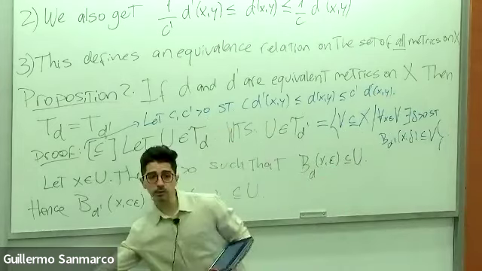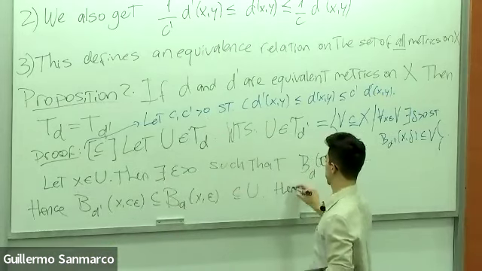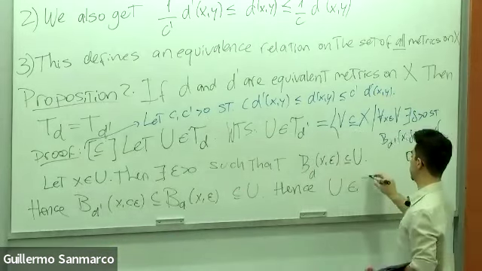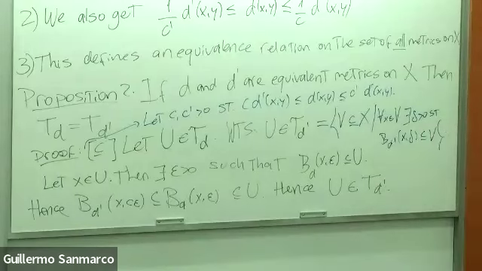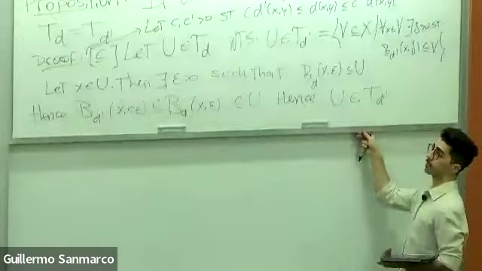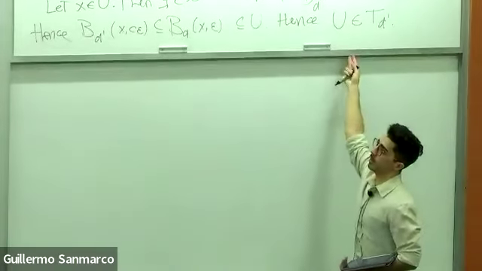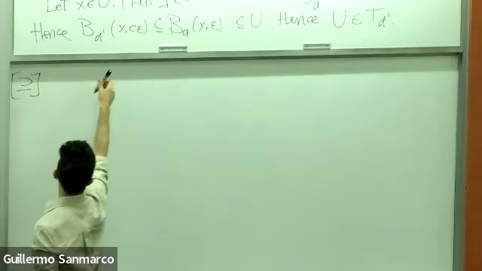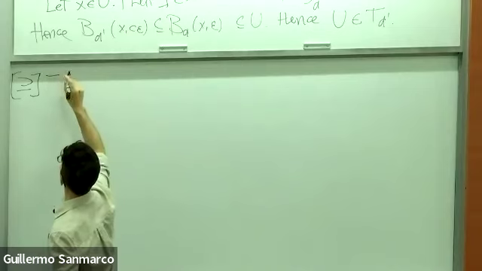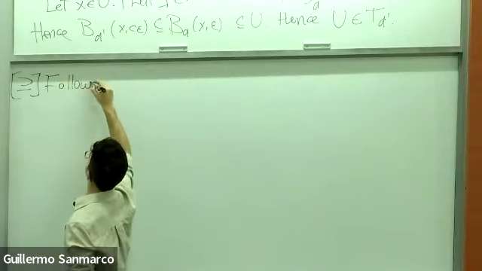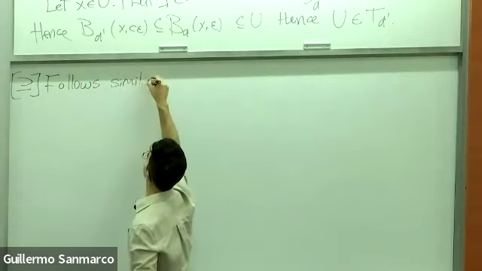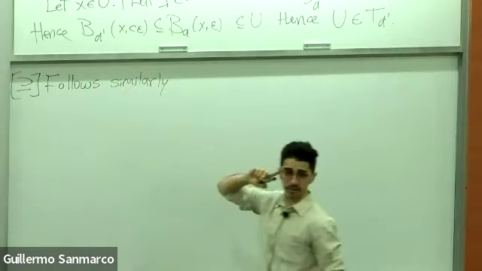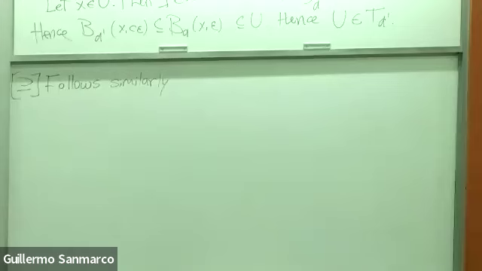So this is the first inclusion we wanted to prove. U is in T_D prime. And to prove the other inclusion, it's very similar, but instead of using this, follow similarly. Of course, because this relation of being equivalent is symmetric. That's the point number 2 over there.